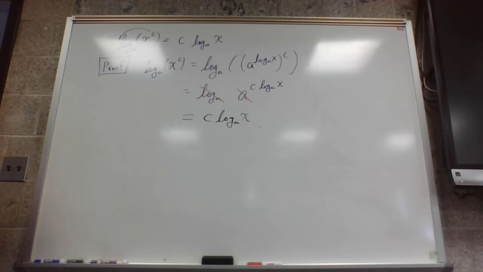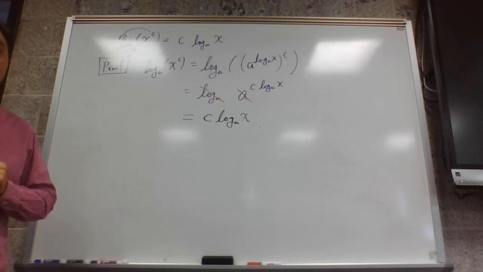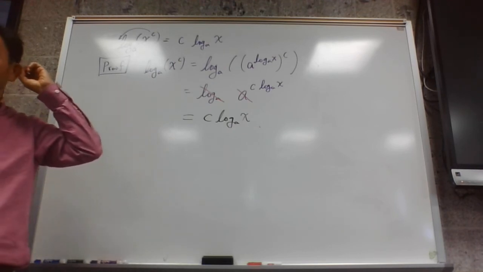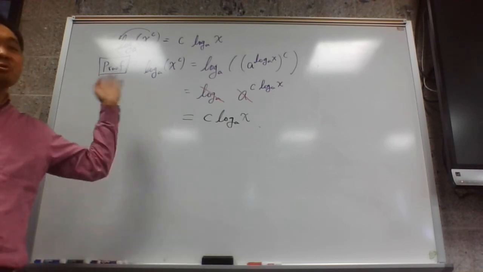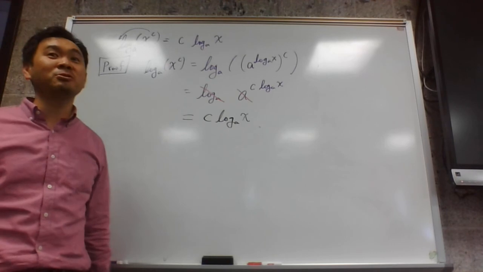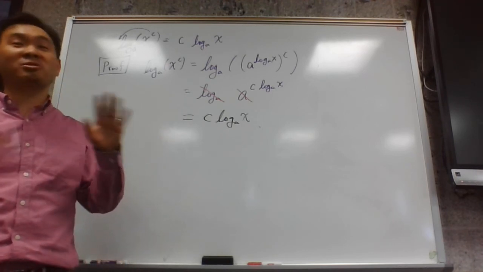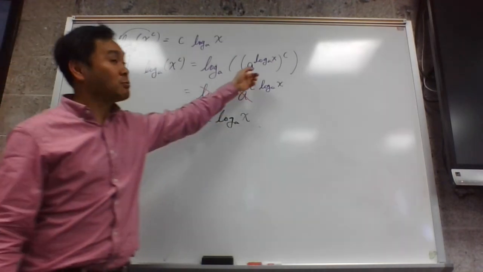Now the proof of the base change formula is a little more involved, so I'm not going to do that. But once you see these proofs, there's one thing that you start understanding. Where do these log rules come from? Are they some arbitrary rules that mathematicians made for you? No, it's not. All rules come from somewhere. Especially the log rules come from where? The exponential rules.